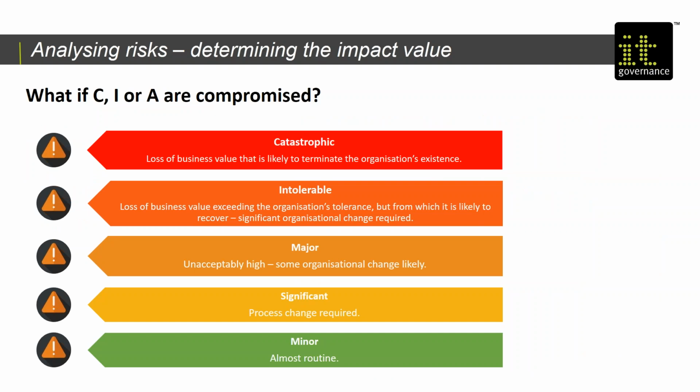What if CIA are compromised? Well, this is one way of potentially describing a 5-level scale of minor through to catastrophic.